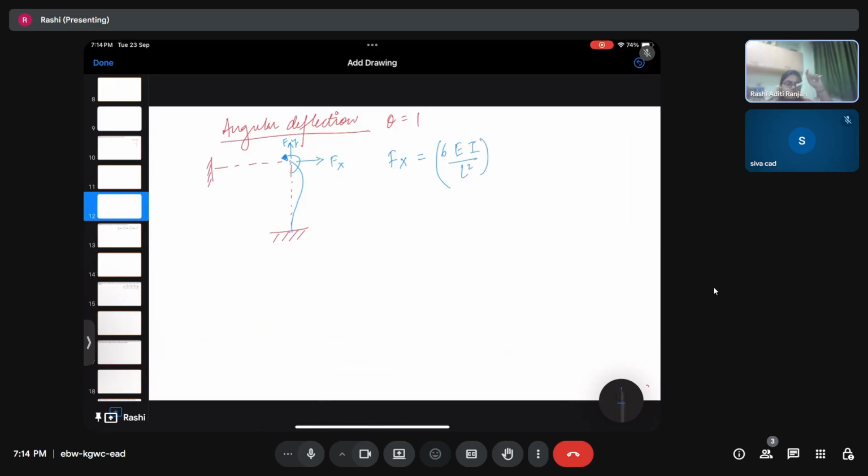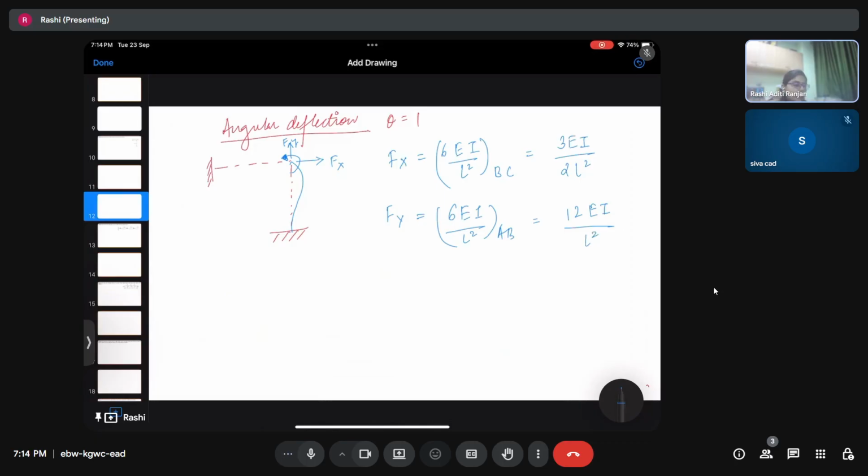This component is not going to have any effect, rather this component is going to have. So for BC, you're going to have 3EI by 2L square. F of y is going to be because of this component, 6EI by L square, and for AB, twice, 12EI by L square.